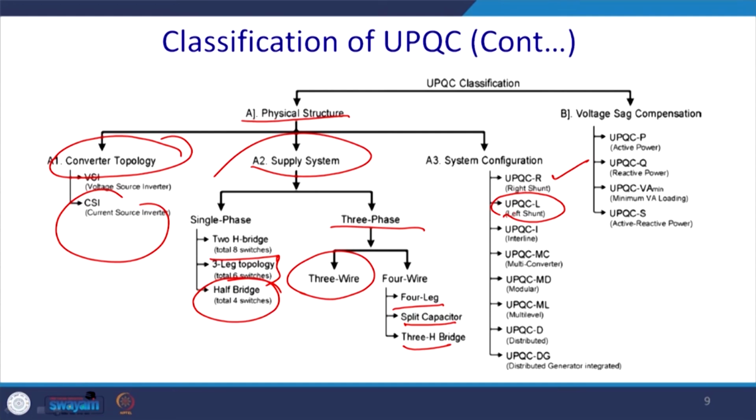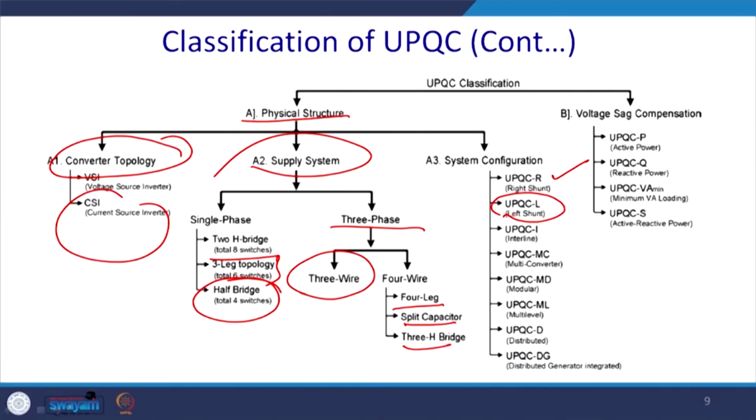Left shunt is generally not used, because we want voltage sag or swell to be mitigated first so that there is no problem on the voltage side, and then the current gets rectified. But if you want to use the left shunt, there is a single advantage: sometimes it will see a lower rating in case of swell and such things.